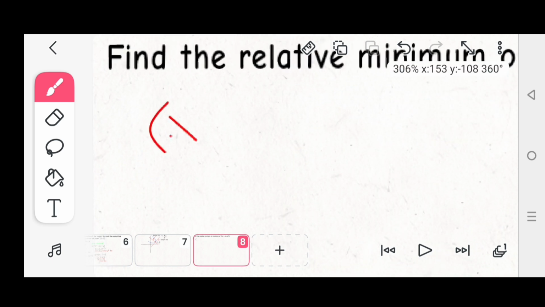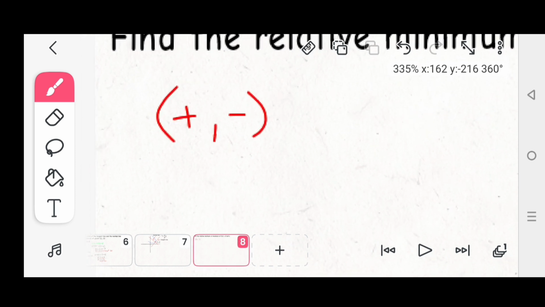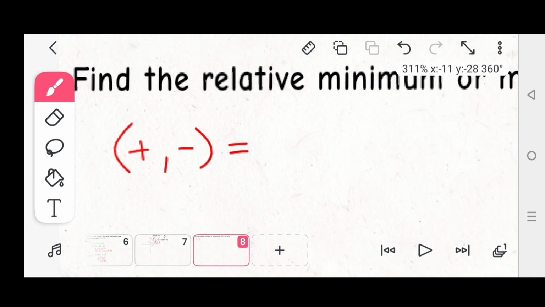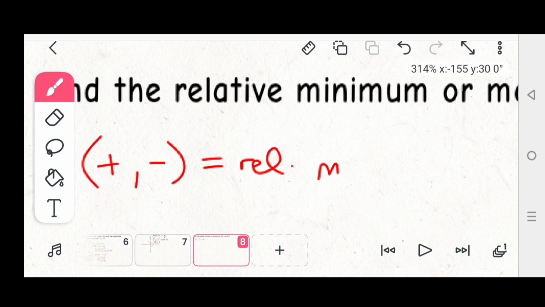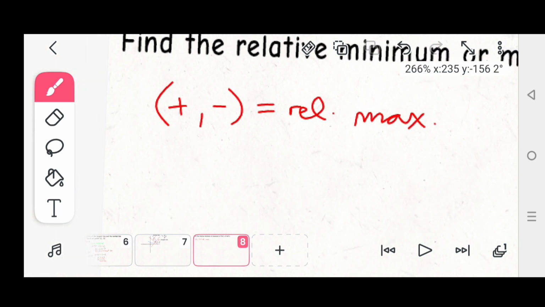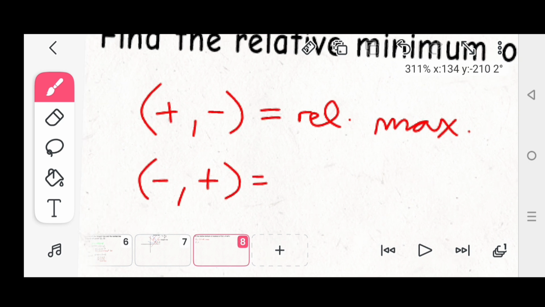Remember that if the sign changes from positive to negative, this means it is a relative maximum. Then if it's negative then positive, it is a relative minimum.